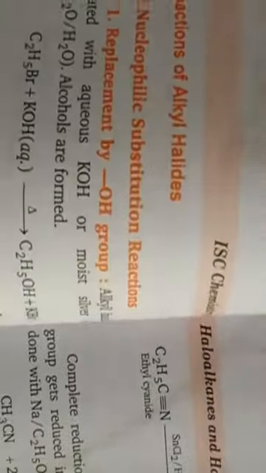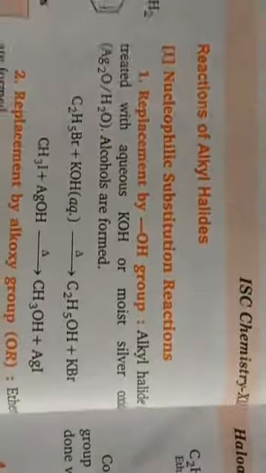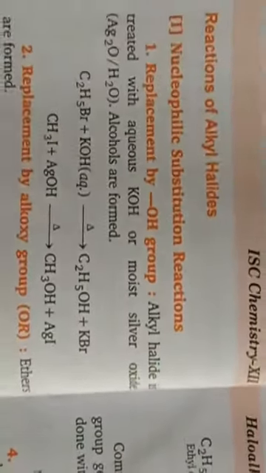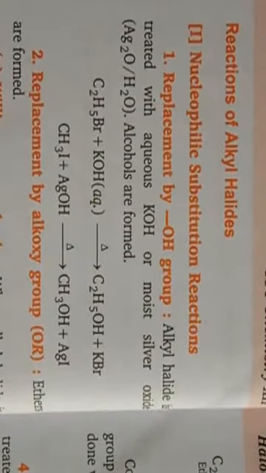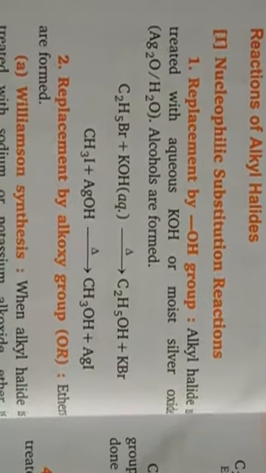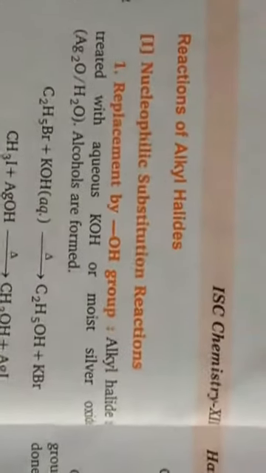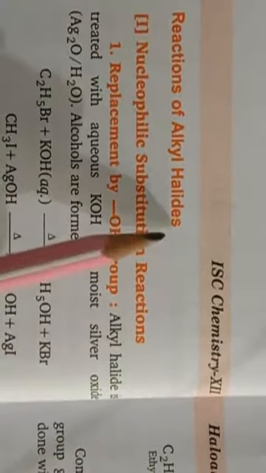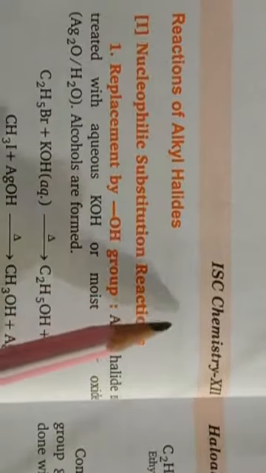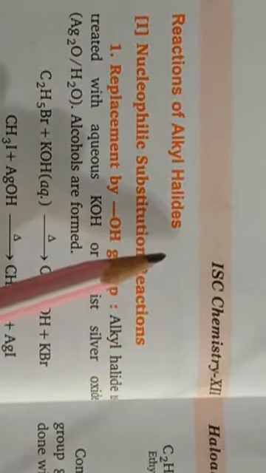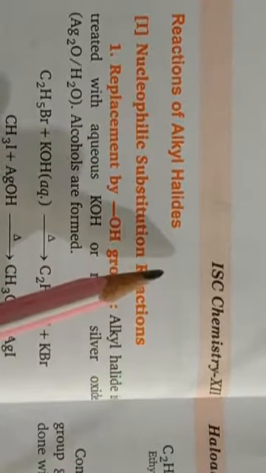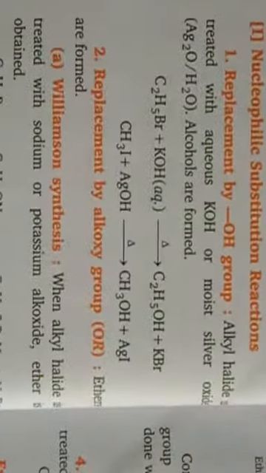Okay children, the next heading is reactions of alkyl halides, and here we are going to discuss some very important nucleophilic substitution reactions. As I told you already, in a nucleophilic substitution reaction, a comparatively more active nucleophile displaces a less active nucleophile from the alkyl halide, and the product is formed.